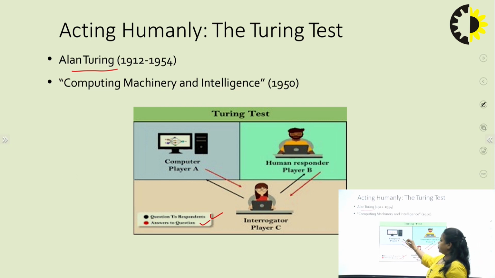So you can see, suppose we have a computer enacting as player A, a human responder enacting as player B, and an interrogator playing as player C between them. In this setup, they have generated a kind of Turing machine in which whatever question comes from whoever wants to communicate, say from the computer system player A, first comes to the interrogator.